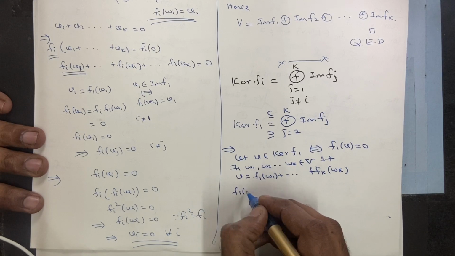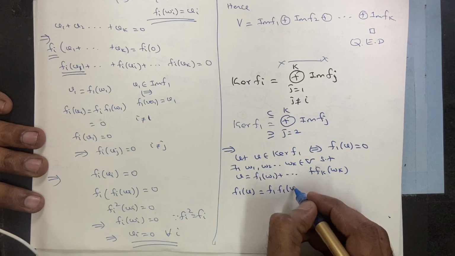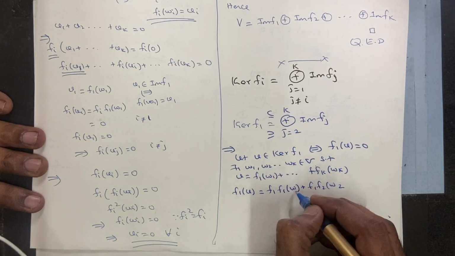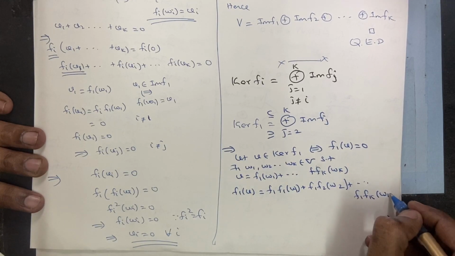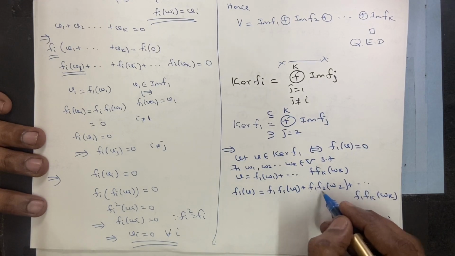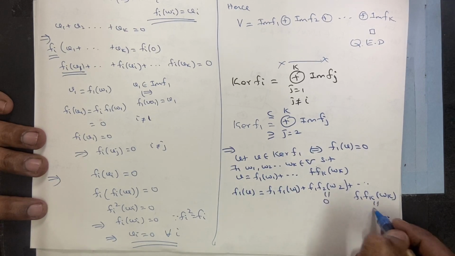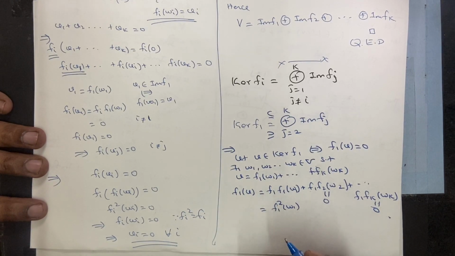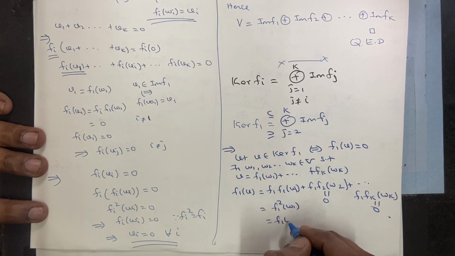Now what is f1 of v? f1 of v is f1 of f1 of w1, plus f1 of f2 of w2, plus etc. up to f1 of fk of wk. We have observed that f1 f2 up to f1 fk, since the indexes are not equal, are all zero maps, and therefore these are all zeros and we are left with only one term. This is f1 squared of w1, and since f1 squared is f1, this is nothing but f1 of w1.